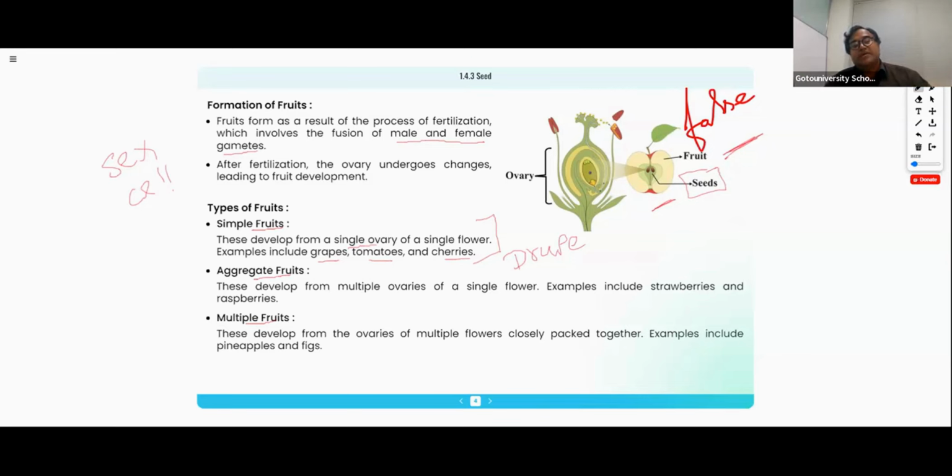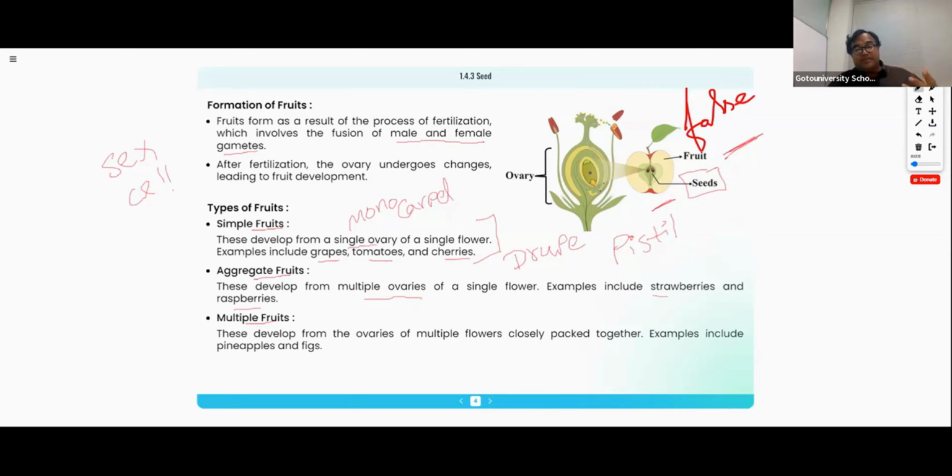Now we are coming to aggregate fruit having many ovaries in it. Example, strawberry, raspberry. When my teacher teaches, when he's saying strawberry, raspberry, gooseberry, all the berries I'll bring in mind. Blackberry, like this, all the fruits I'll bring in my mind and correlate.